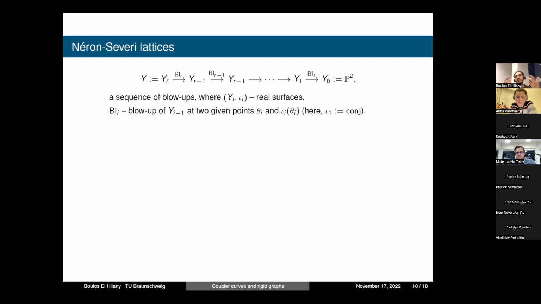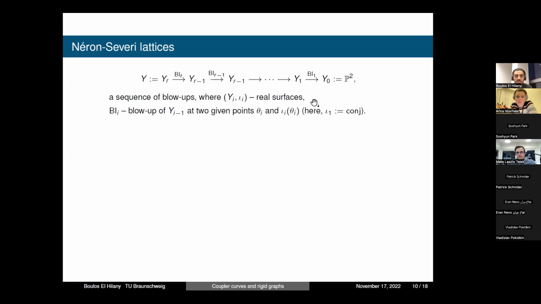So Y1 has a real structure iota 1. And now I can define two complex conjugated points there, then blow up, lift again, etc. So a finite number of times. Then I eventually obtain a real surface that is birational to P2.